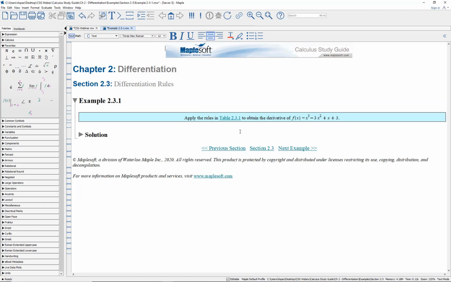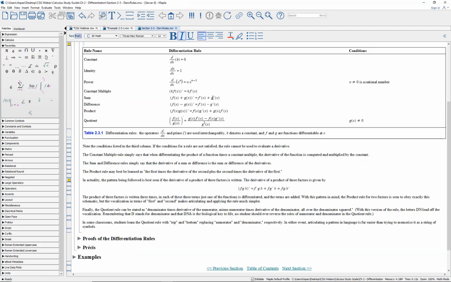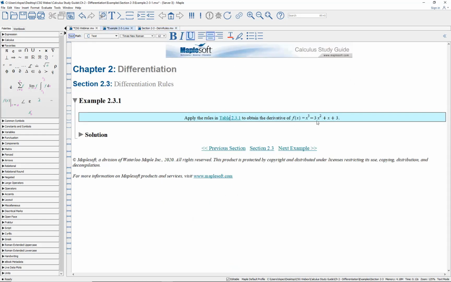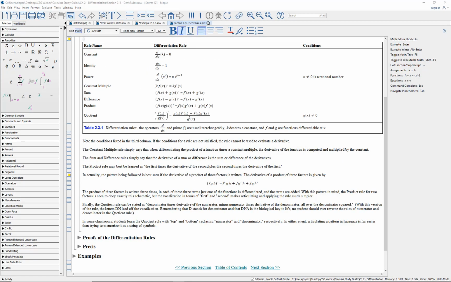The example is to apply the rules of this table, differentiation rules, to get the derivative of this function. We can put this table away.